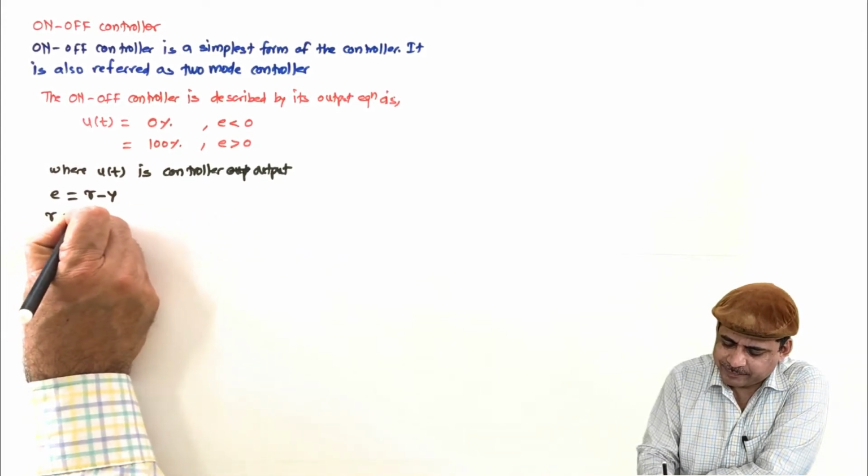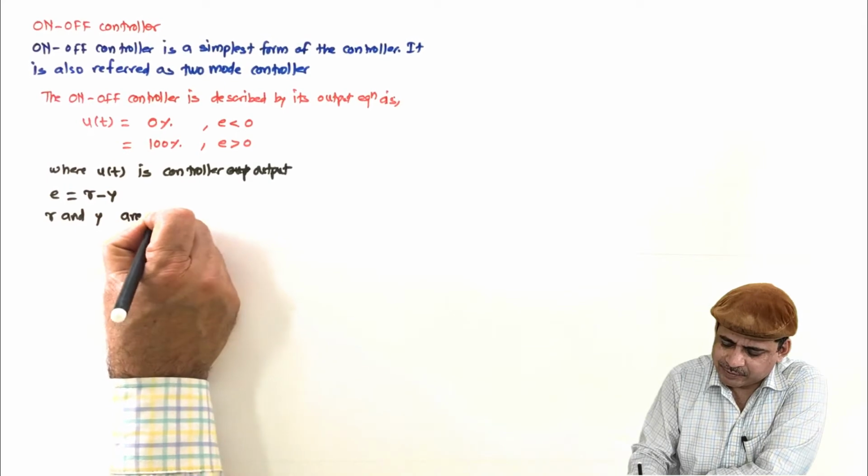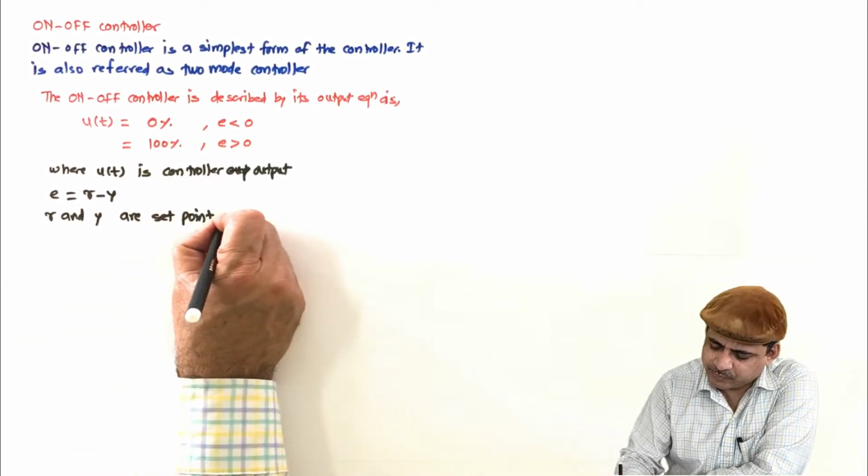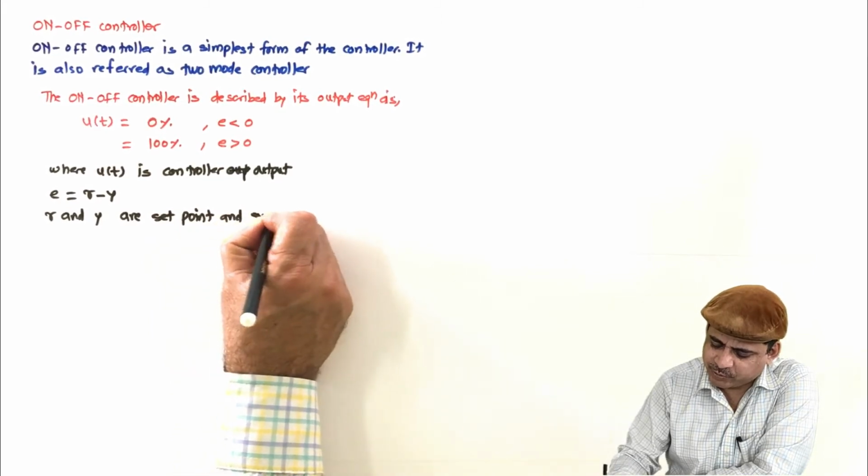R and Y are the set point and the system output respectively. Set point means the desired value of the output.